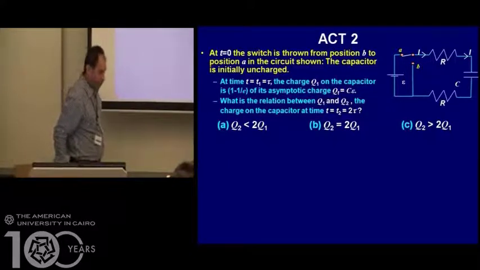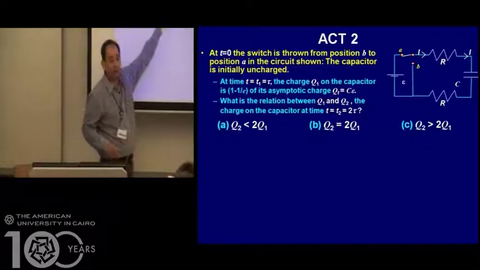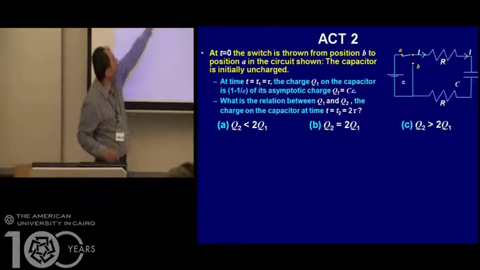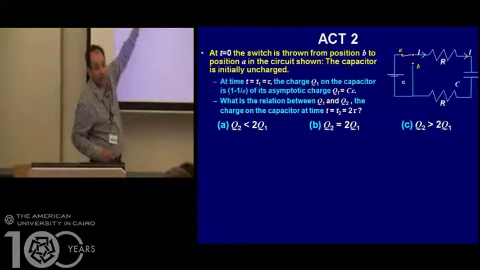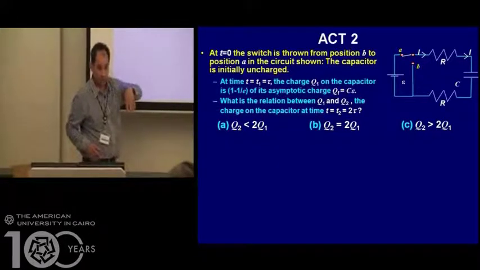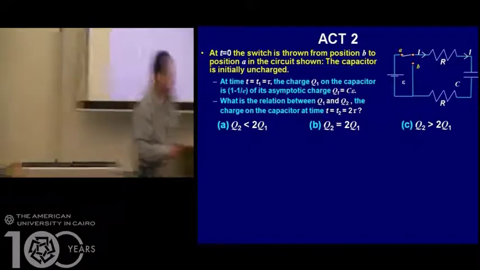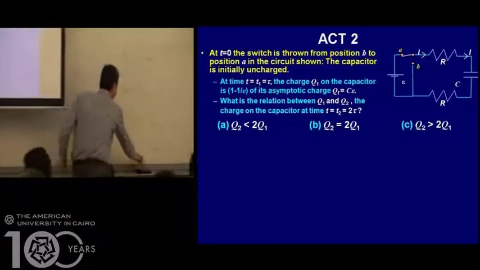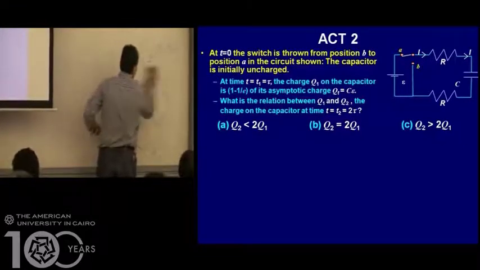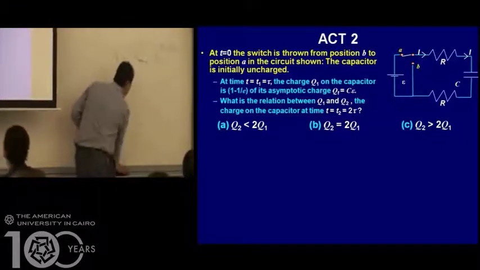At time equal to tau, the charge on the capacitor will equal 1 minus 1 over e of its maximum value, because the equation says, this is charging.